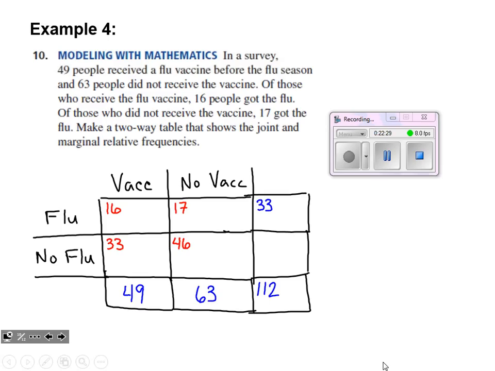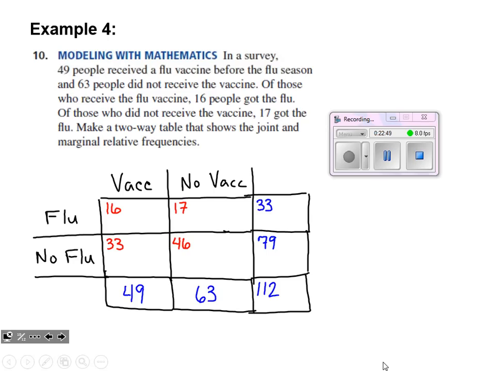Okay, and then for our final marginal frequency going across that no flu row, 33 that got the vaccine didn't get the flu. 46 that didn't get the vaccine happened to not get the flu as well. That's 79 total people that are fluless.